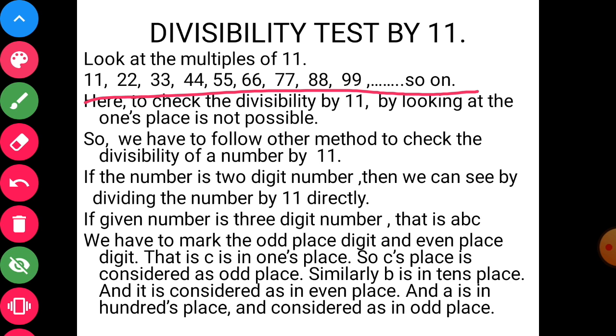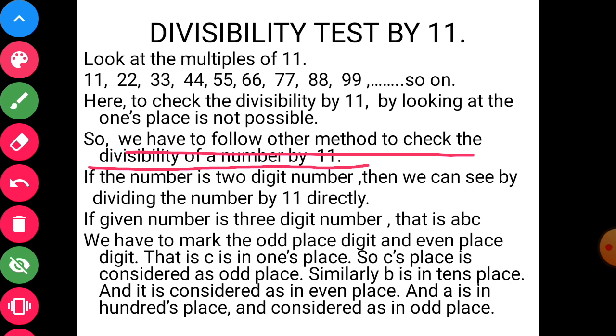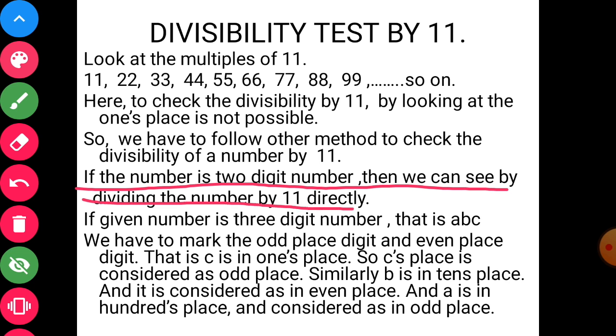If 3-digit numbers are given, you have to find whether that number is divisible by 11 or not. So we have to follow another method to check the divisibility of a number by 11. What we did for 5 and 10, that method we cannot follow. If the number is a 2-digit number, you just divide it directly. If the given number is a 3-digit number, A, B, C, then let us see what you have to do.